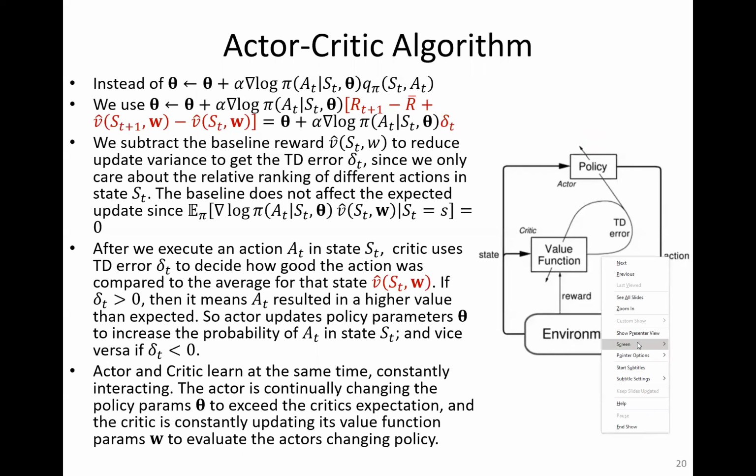So the figure shows that at every time step, the critic gets a reward and updates the TD error. The TD error is used by the critic itself, and also by the policy, the actor, to update the policy.